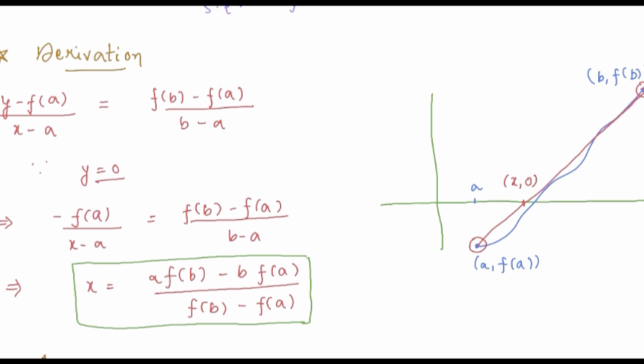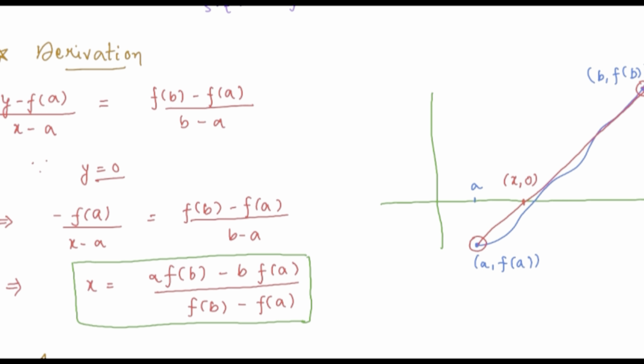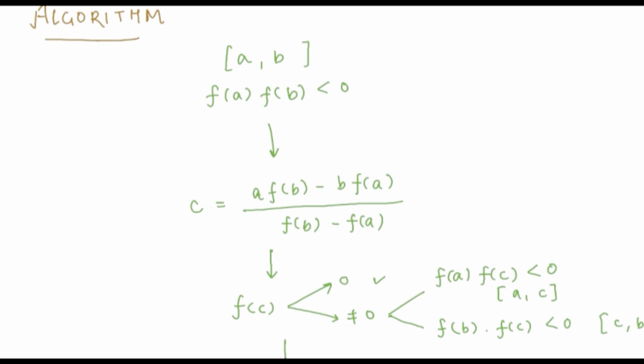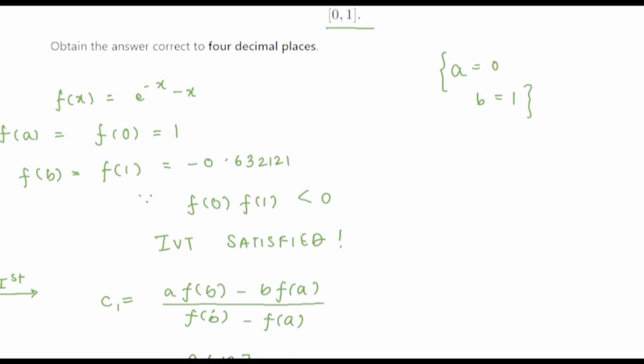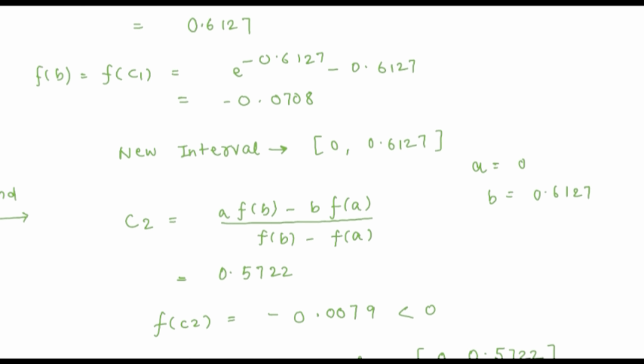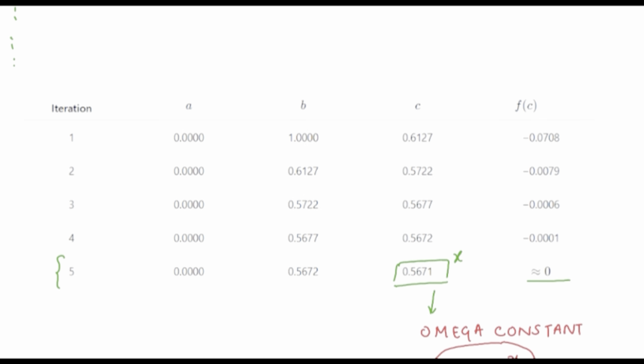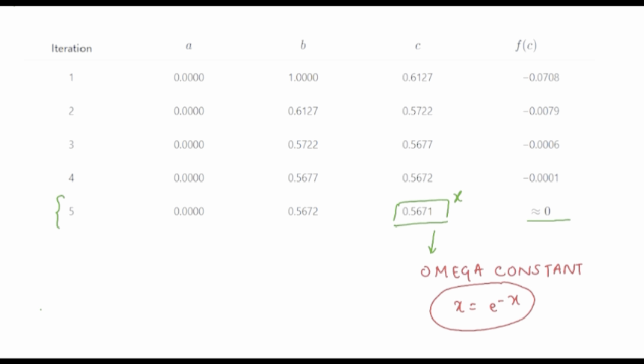So basically, both the bisection method and the regula falsi method are bracketing methods, but still the regula falsi method makes better use of the function's behavior by replacing the midpoint with the x-intercept of the secant line.